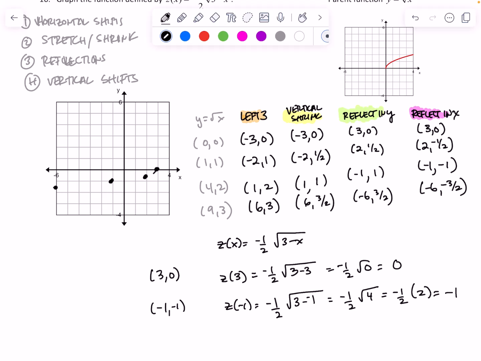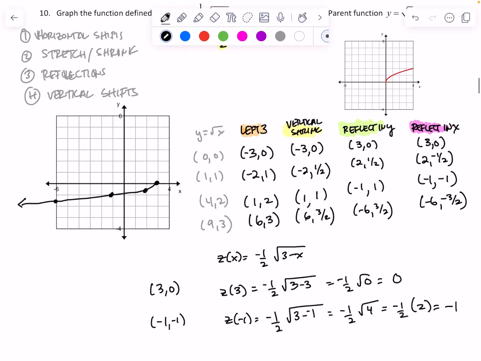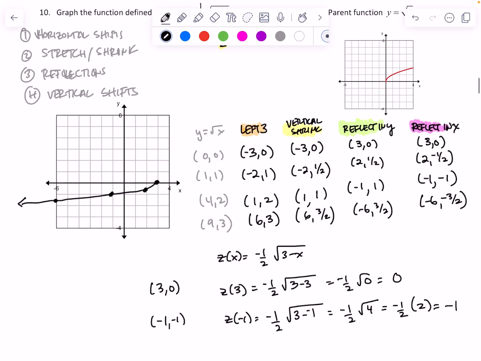So we can see here the combination, that's a terrible line I just drew, but you can see the combination of the shift to the left ends up, because we also reflect in the y-axis, being a shift to the right. So the shift to the right is a result of the shift left plus the reflection. It's underneath the x-axis because of the reflection in y, and it looks like it's been squished down a little bit because of our vertical shrink.